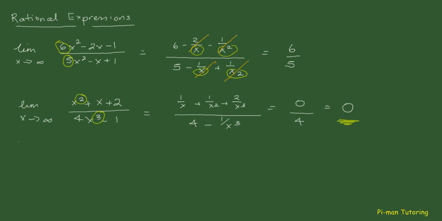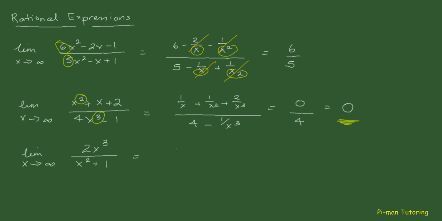And I'm sure you remember the third case, which is that if we want the limit as x tends to infinity of a rational function where the numerator is actually of higher degree than the denominator, then we could apply the same technique, but that would not work.